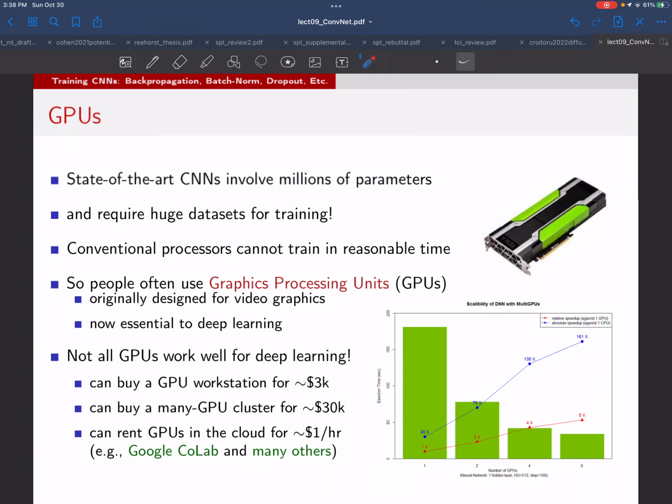So there's definitely a whole range of GPUs with different amounts of memory and different processing capabilities. You can buy a workstation with a really nice GPU for deep learning for roughly $3,000. Maybe with supply chain issues and inflation, maybe it's gone up a bit.